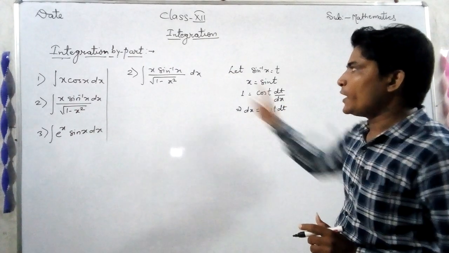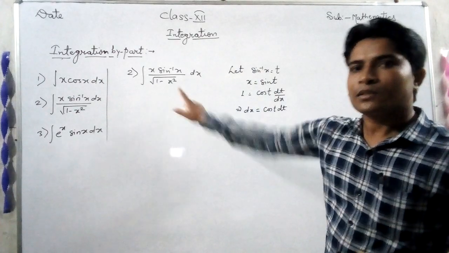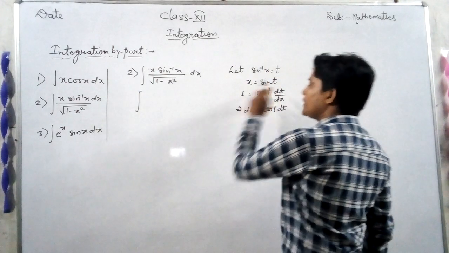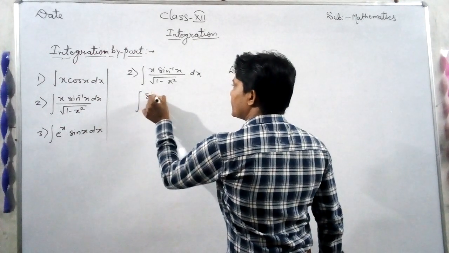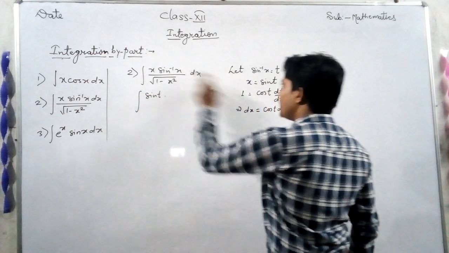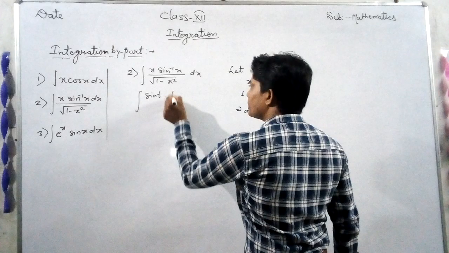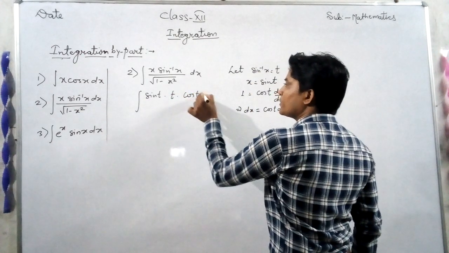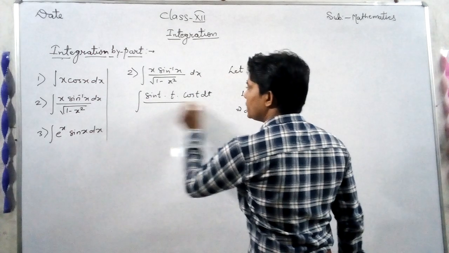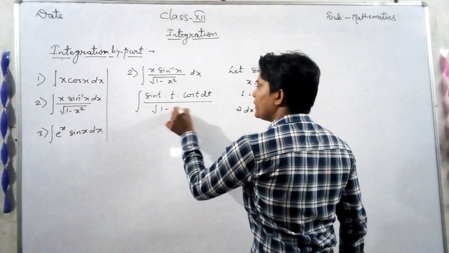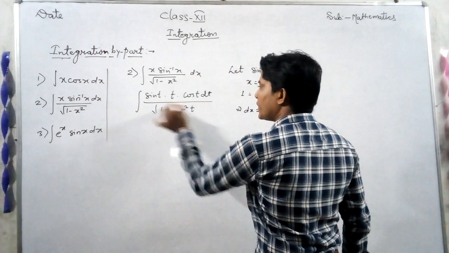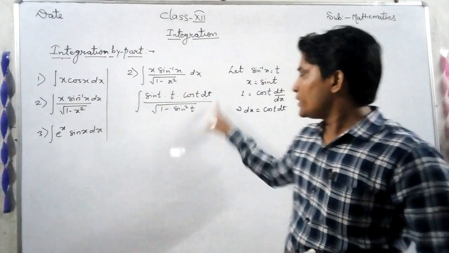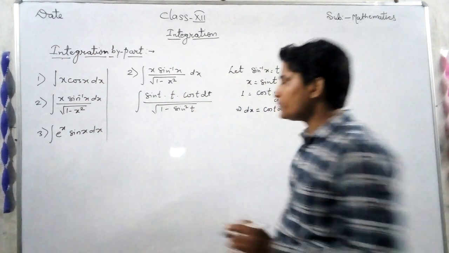Now we apply all the terms in the given question: x is sin t, sin inverse x is t, and dx is cos t dt divided by the under root of 1 minus sin square t. Is that clear?